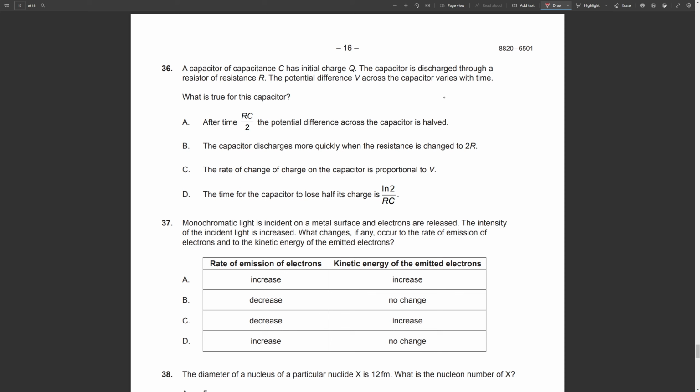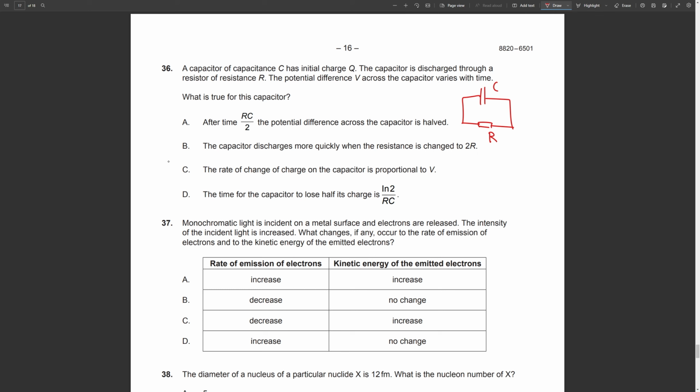Question 36. It looks pretty complicated at first. You have a capacitor connected to a resistor. This capacitor was fully charged and is going to discharge through the resistor. The potential difference V of the capacitor is reducing gradually.